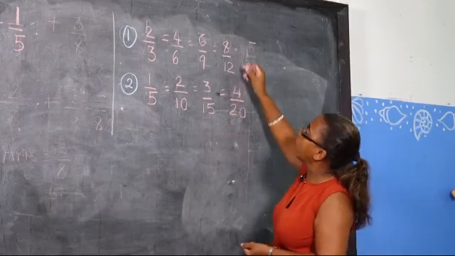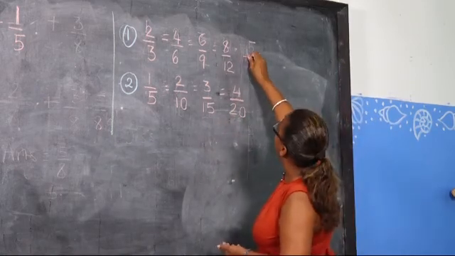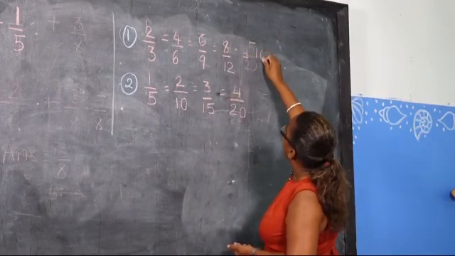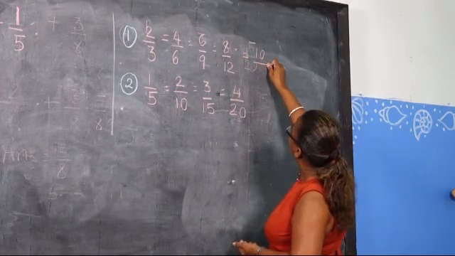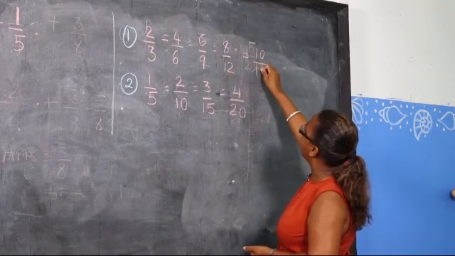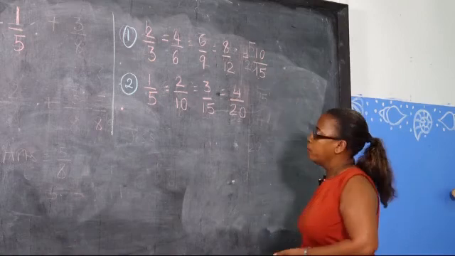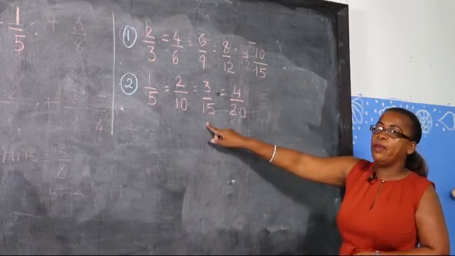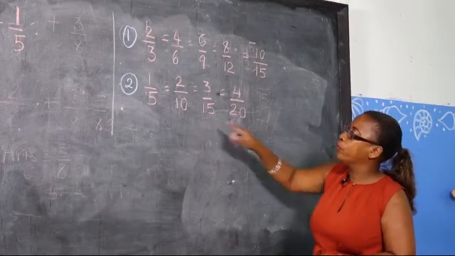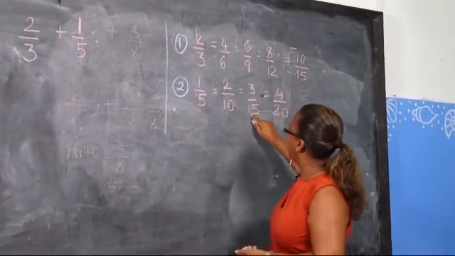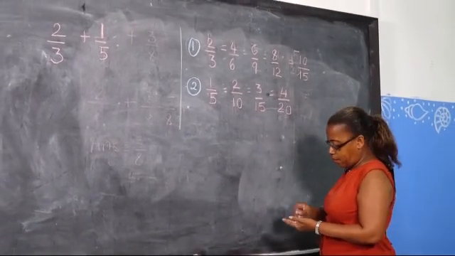So let us continue from here. So we have 8 and then 10. Then we have 12 and then we have 15. So now we have one. No? We have 15 here and 15 there.